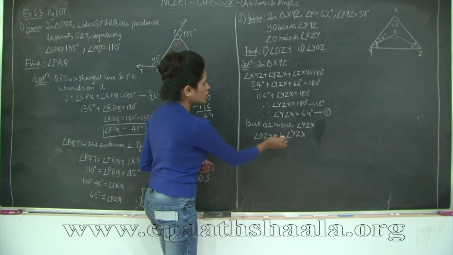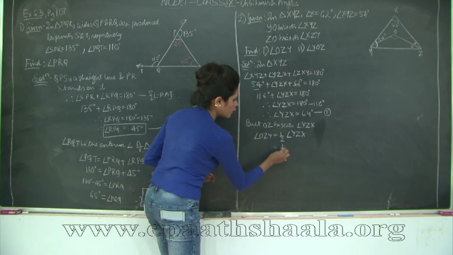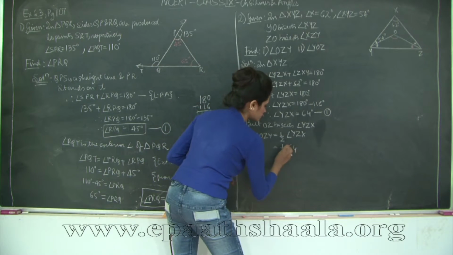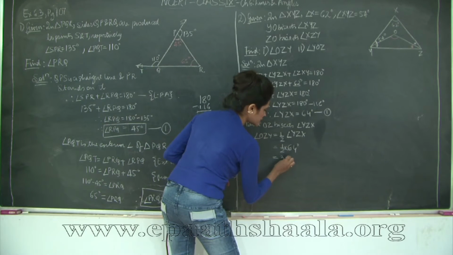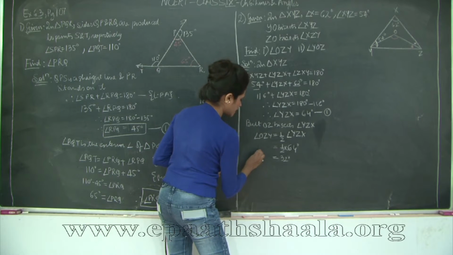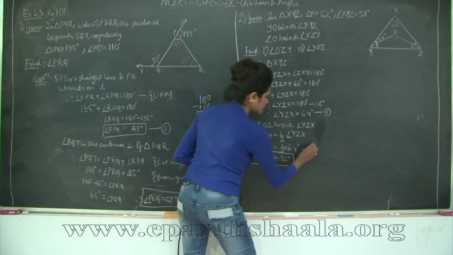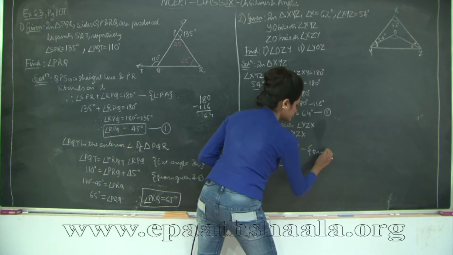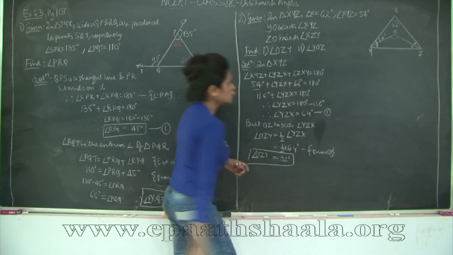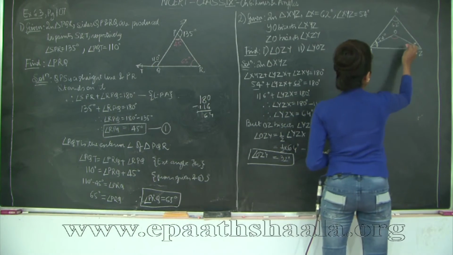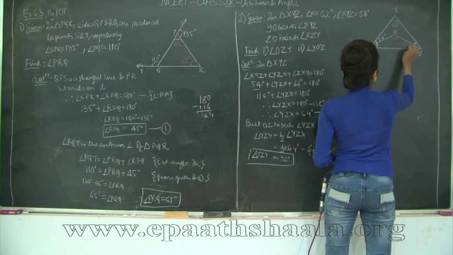Correct? Therefore, angle OZY is going to be half of 64, which is equal to 32 degrees. Correct? I have angle OZY, and here I'll say from 1. So we have found this angle over here, angle OZY, which is equal to 32 degrees.